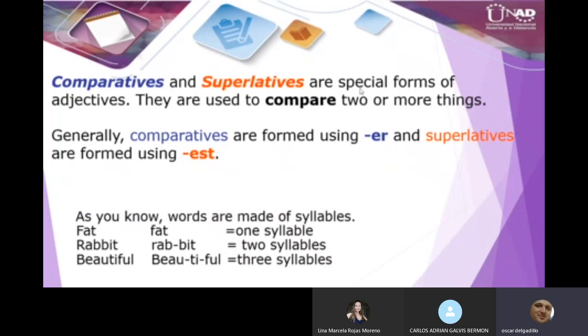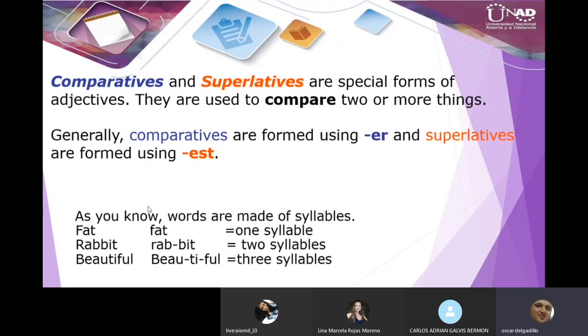Comparatives and superlatives are special forms of adjectives. They are used to compare two or more things. Generally, comparatives are formed using er, and superlatives are formed using est. Okay, that's clear? Yes, Carlos, that's clear.